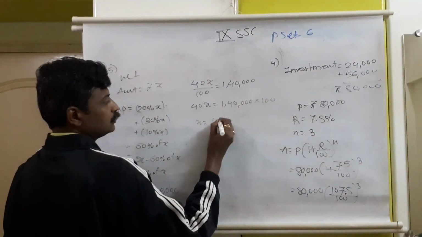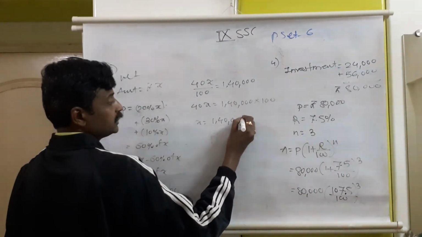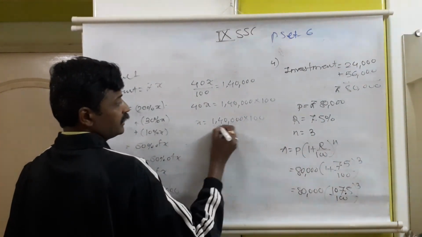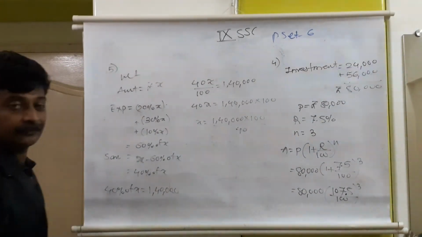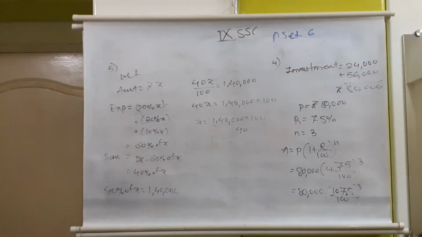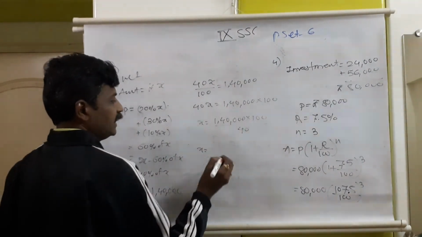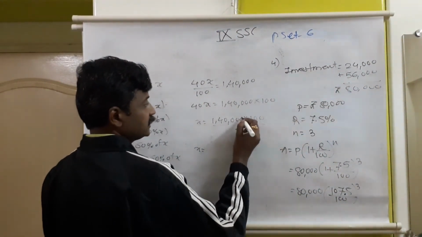x is equal to 140,000 multiplied by 100 divided by 40. 40 goes to the other side, multiplication will convert into division. So it will give us the final answer. What was the amount in his hand? So 0 gets cancelled.